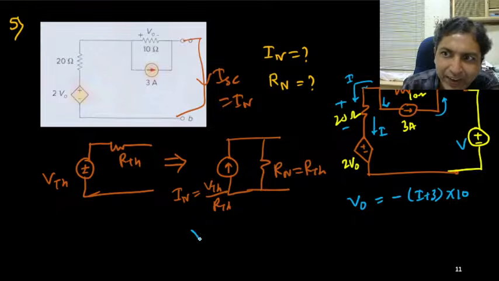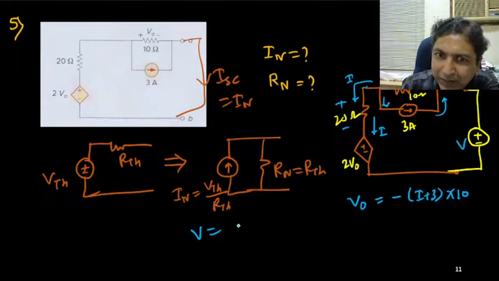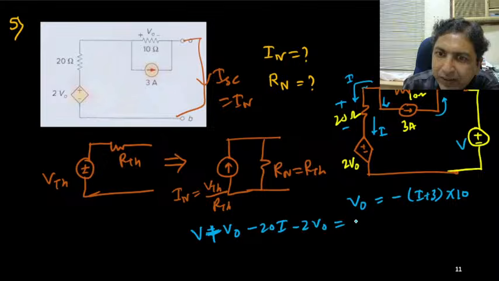You can find out V equals to the voltage drop. So this is minus plus, basically minus, you should consider it minus plus, so I can consider V plus V naught, it is a plus minus 20I, it is a plus minus 2 V naught, and that is equal to 0.